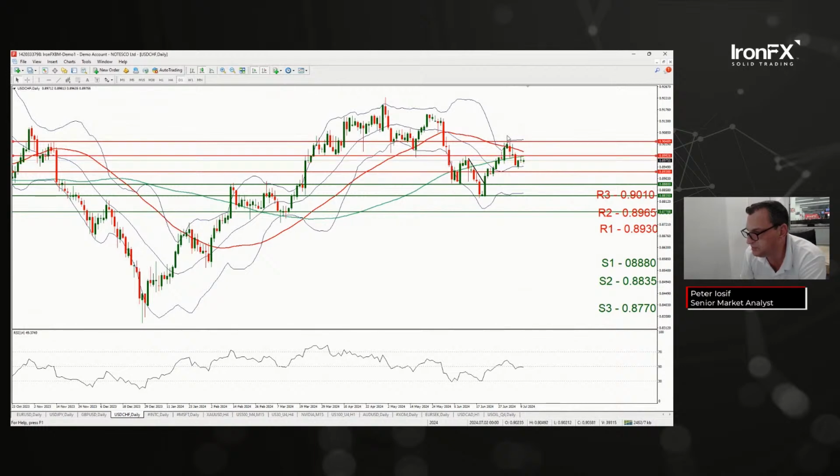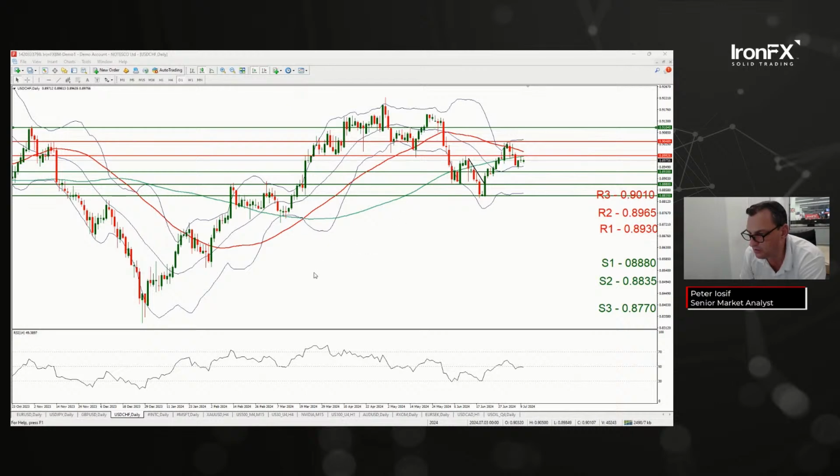You can see this peak here and this peak here was also tested here. Definitely this has to be turned into its support line, given that the price action is above it. And I would be noting also this peak here, which had a resistance level in red.